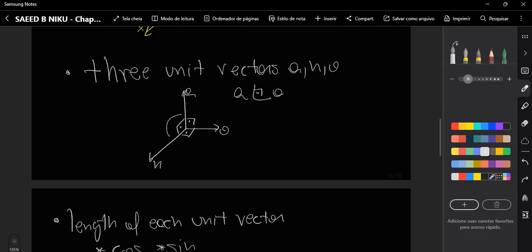And N is orthogonal or perpendicular to A.